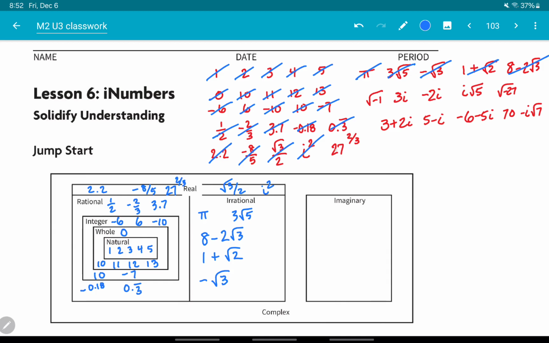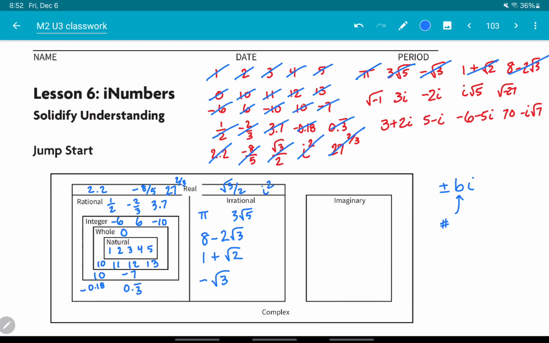Okay. Now, once we finish talking about real numbers, now we have imaginary numbers. So imaginary numbers are always going to be in the form of bi, and it's going to be plus or minus, so you can have a positive sign or a negative sign here, but you're going to have some number here. That's going to be a number, and then you're going to have the letter i.